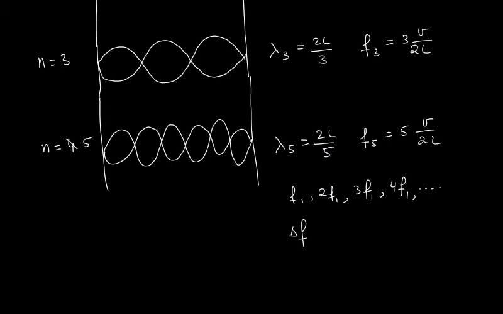If you want to find the fundamental frequency, you take two frequencies and subtract them from each other, f(n+1) minus f(n). Don't forget that these frequencies, when n is greater than 1, are called harmonics. The whole thing is called the harmonic series.